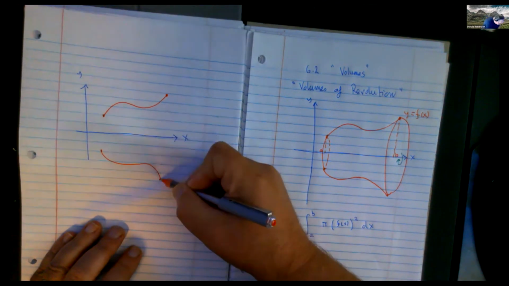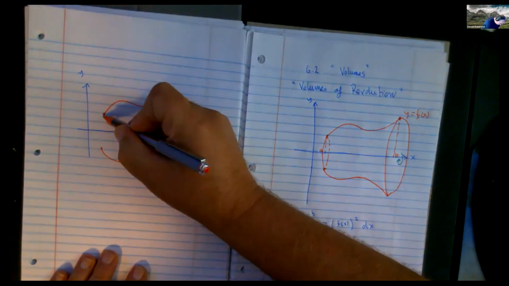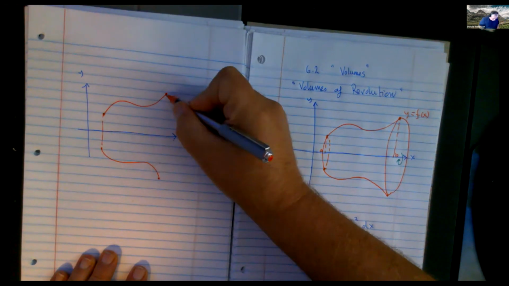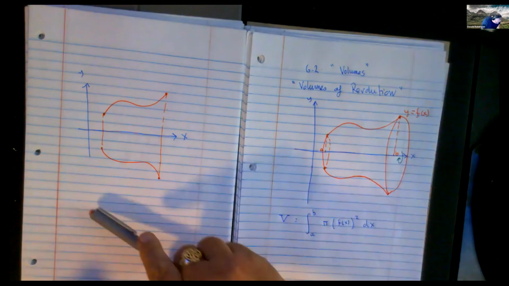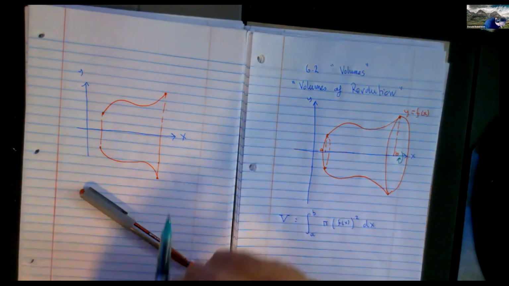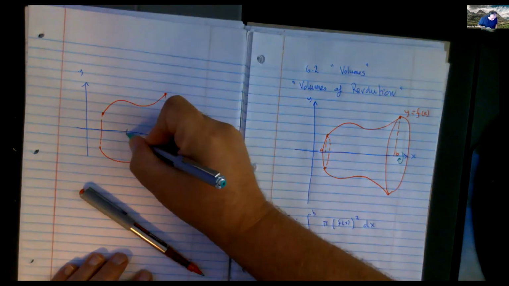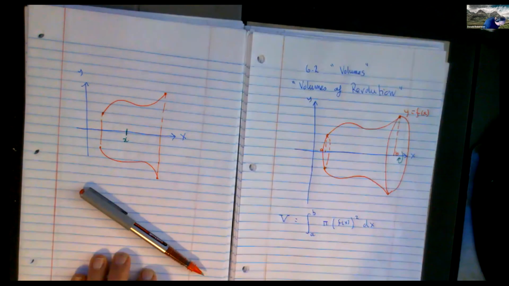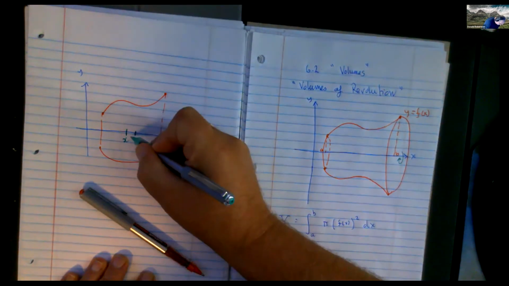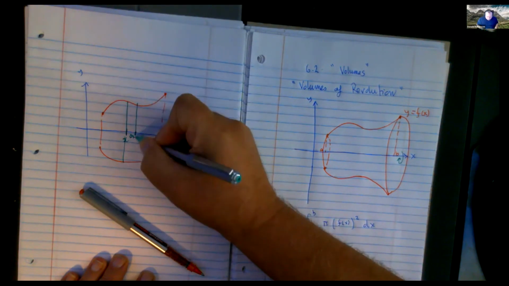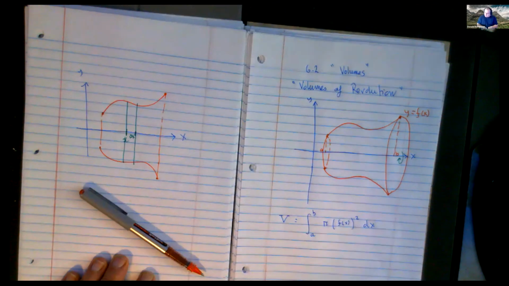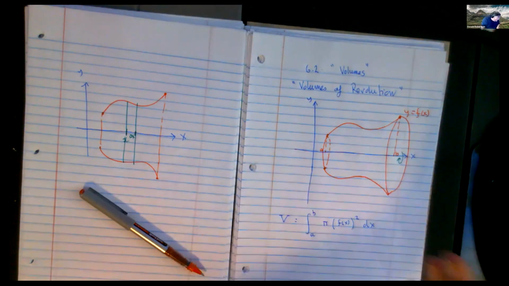Okay. So imagine this shape here. Now, choose a random piece and call it x, and then another piece, delta x. So basically, can you imagine me cutting this with a saw? That strip.